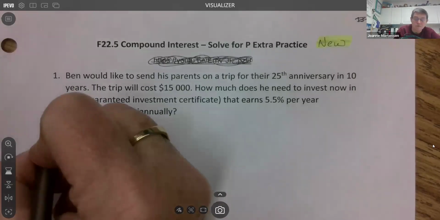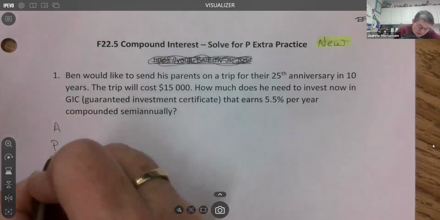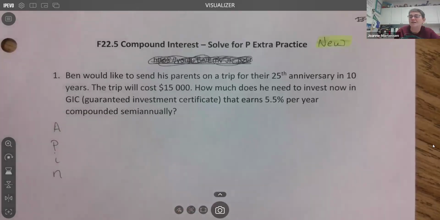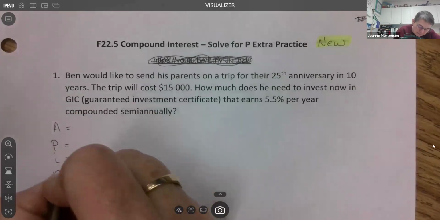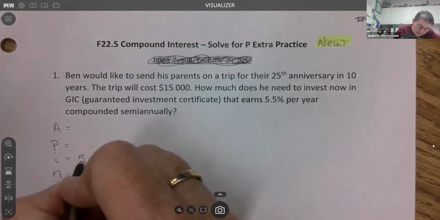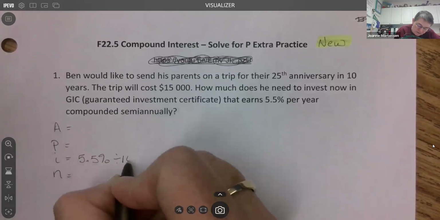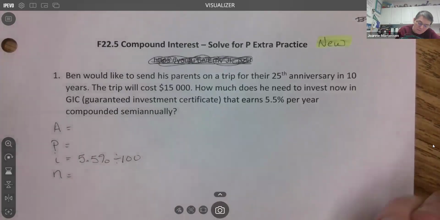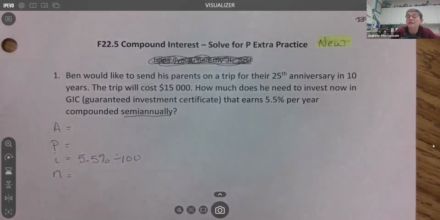Okay, so again, we only have one formula right now, APIN. Well, one set of variables, I guess, is a better way to say it. And here we go. So 5.5% divided by 100. That part just goes normally. And now we compound semi-annually. We haven't done that a lot.